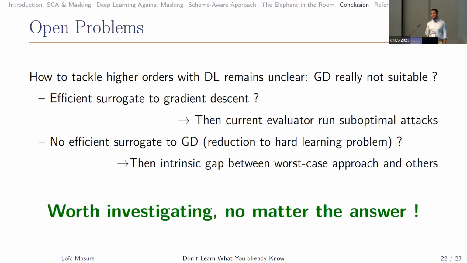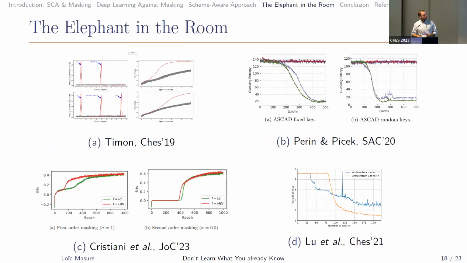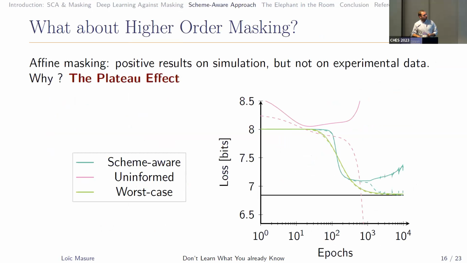Yes, over there. Thanks a lot, Loïc, for the presentation. You're welcome. So I was just wondering, in the first part of the presentation, you mentioned that you do schema-aware training, but then does the plateau effect that you explained in the second part apply to the first part? You mean applying the plateau effect on what?